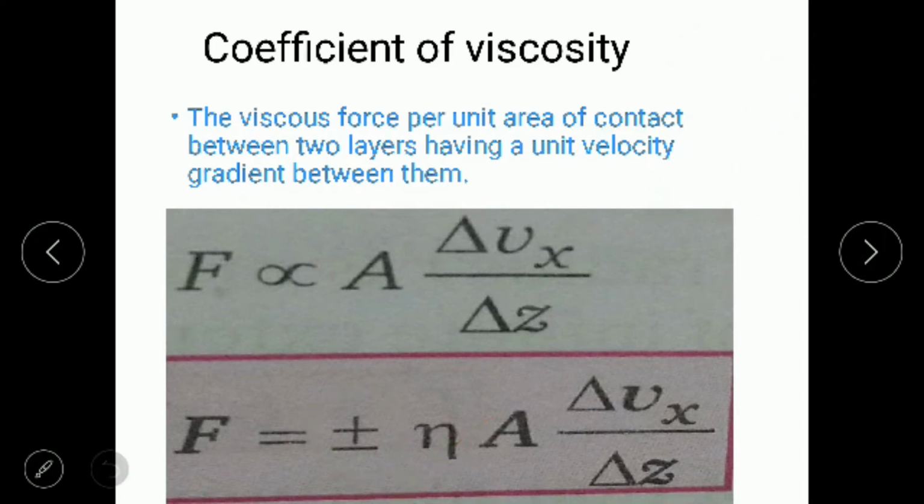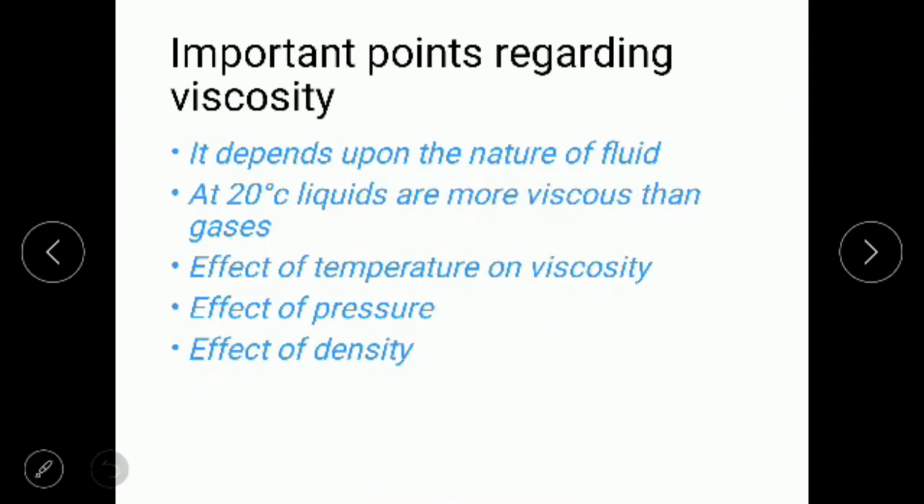Now we will also discuss important points regarding viscosity, why it is so useful and why we need to learn this. The first point is that it depends upon the nature of the fluid. The coefficient of viscosity, nu, depends upon the nature of the fluid and does not depend upon the area of the layer or the velocity gradient between the layers.